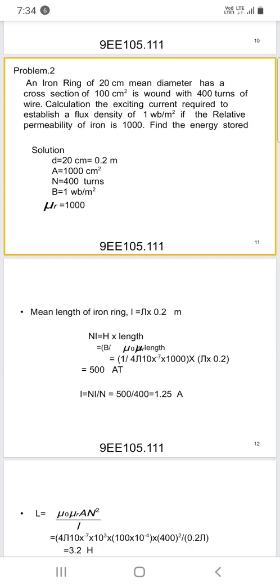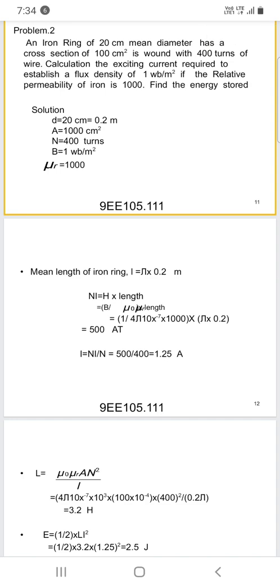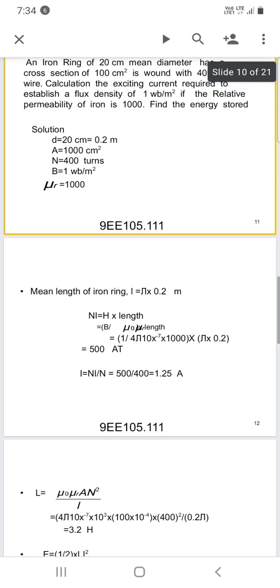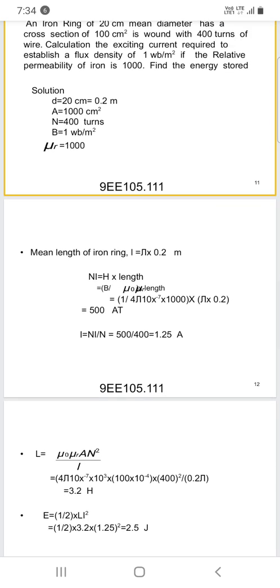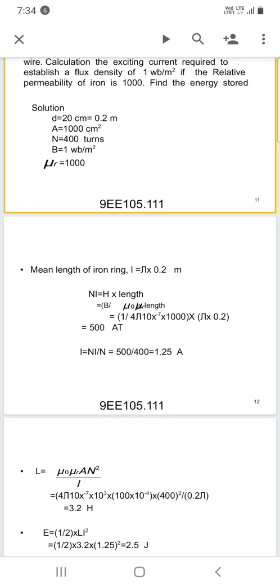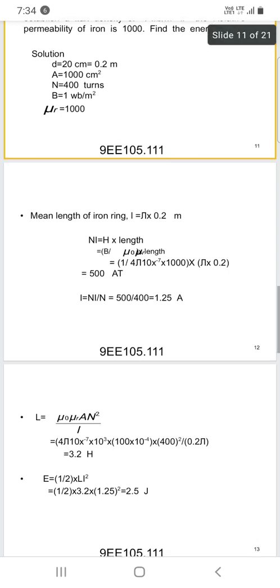Next, the number of turns is equal to 400 turns. Next, the flux density is equal to 1 Weber per meter square. And the relative permeability is also given, equal to 1000.